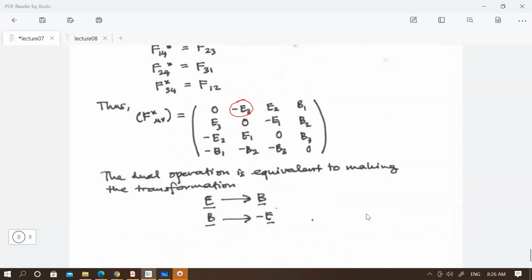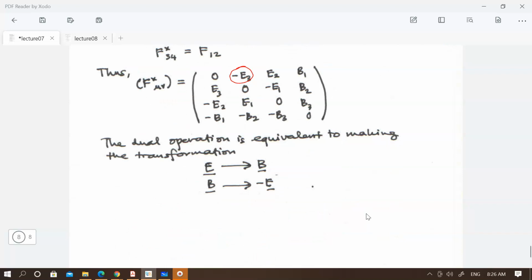So in other words, the dual operation is equivalent to making an exchange between your electric field and magnetic field, and your magnetic field becomes the negative of the electric field. It's a bit strange in some sense that you have this minus sign, but remember this comes from the fourth column and the fourth row.